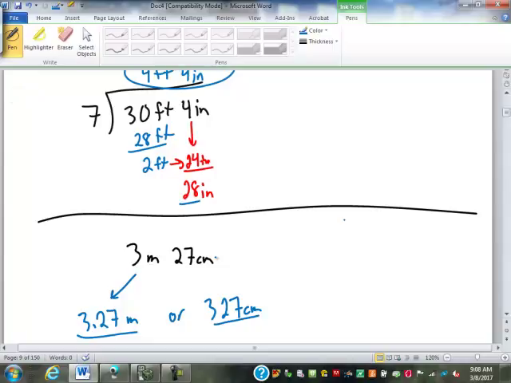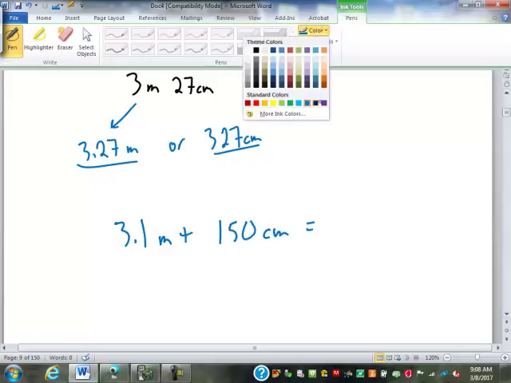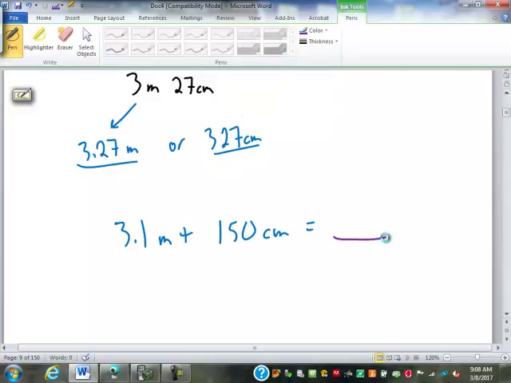And because they only ever use one unit, all that we have to do in the metric system is make sure you have the same units to start with. So if you have 3.1 meters plus 150 centimeters, well, first thing we need to figure out is what do we want our answer in. If we want our answer in centimeters, well, then we're going to leave the 150.